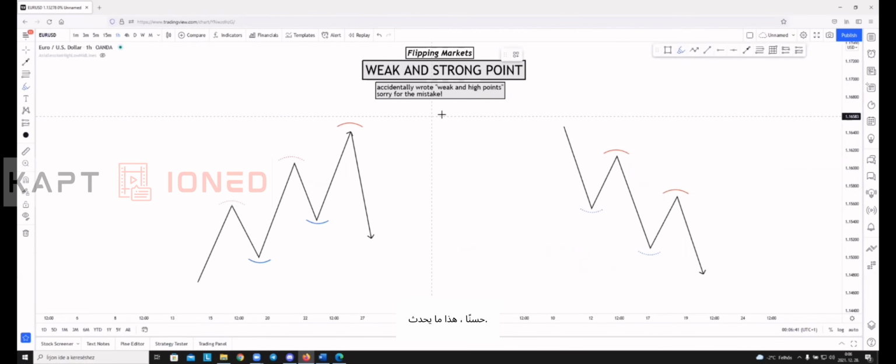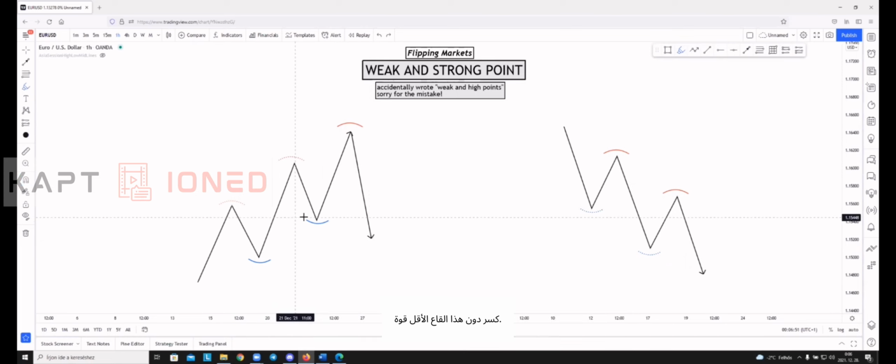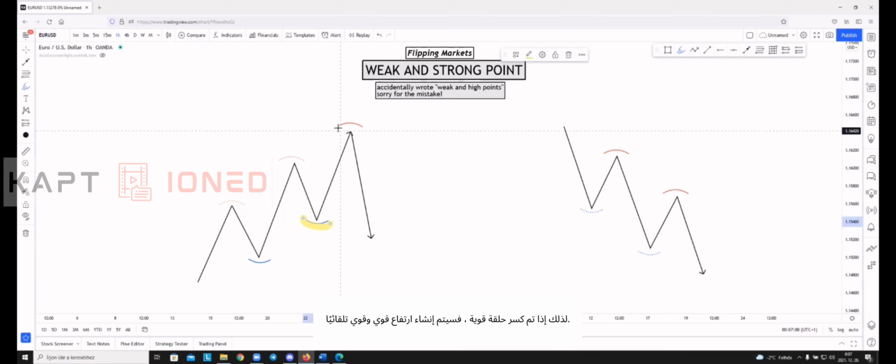Okay, so let's see what happens if price breaks through the last strong low in a bullish example. As you can see, price created this high right here, and this high had enough power to break below this last strong low. So this means an opposite side zone will be created. If a strong low has been broken, a strong high will be automatically created.